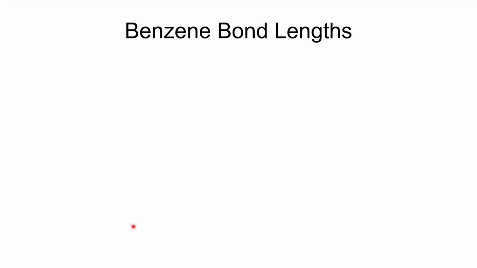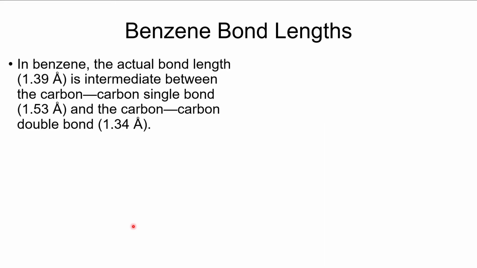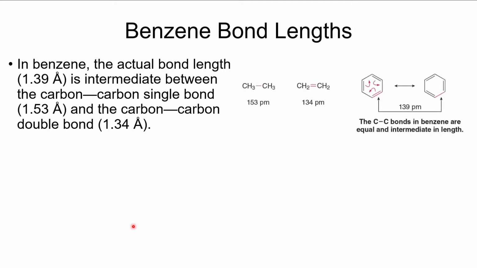So one thing we want to look at is the length of the carbon-carbon bonds in benzene. As I mentioned, all of the carbon-carbon bonds are the same length. They come out to about 1.39 angstroms, and that's in between the length of a carbon-carbon sigma bond, like in ethane at 1.53 angstroms, or a carbon-carbon double bond, like in ethylene at about 1.34 angstroms.